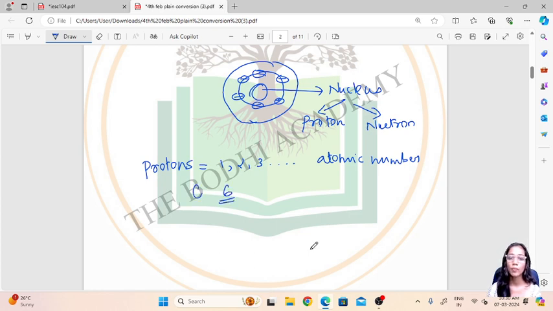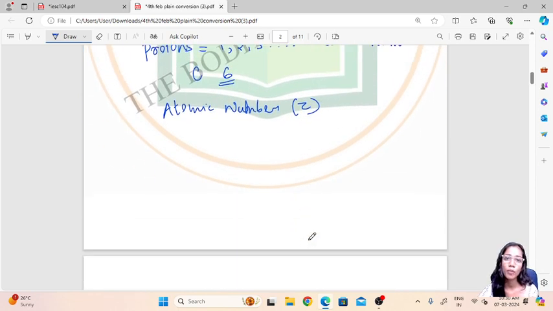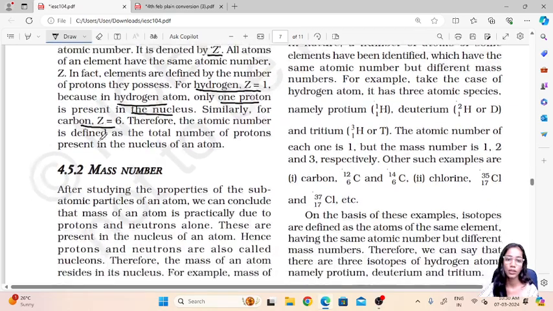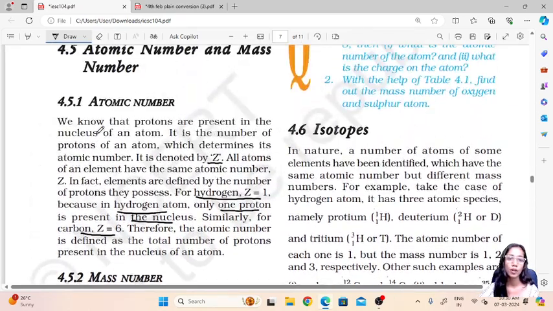This atomic number symbol is given by the alphabet Z. For hydrogen, the atomic number is 1. This means that there is only one proton inside the nucleus. For carbon, the atomic number is 6, so Z equals 6, which means the number of protons present inside the carbon nucleus is 6. So that is the atomic number.